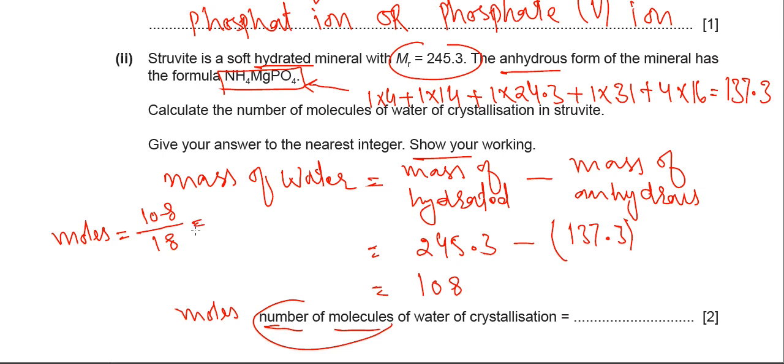If we divide 108 by 18, the molecular mass of water, we get exactly 6, which is a whole number value. So we are not going to round it off, as we already got a whole number, so it's 6.